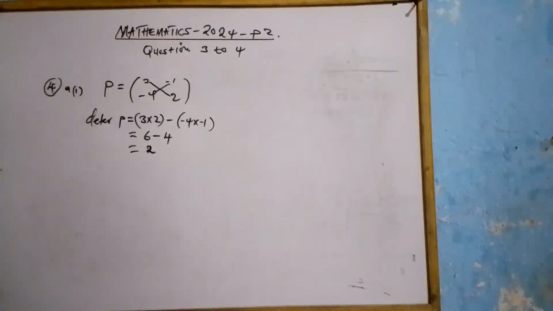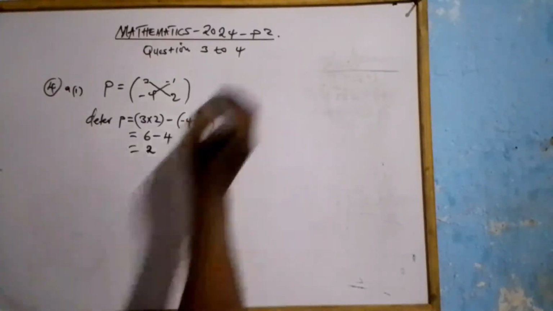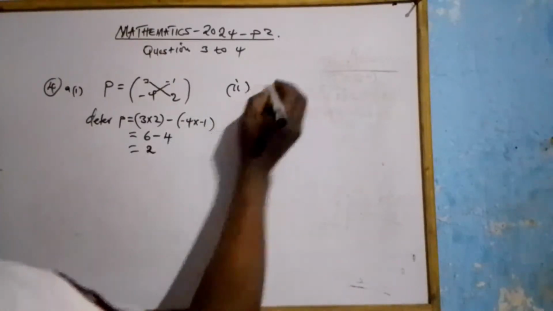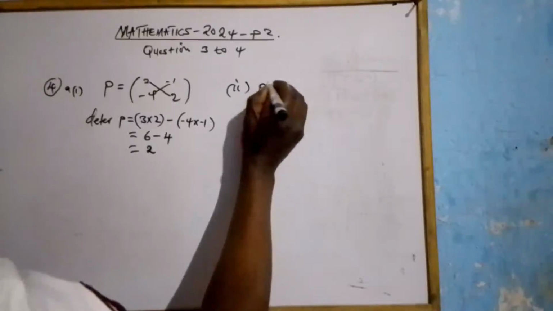So now for Roman numeral 2, we are told to find P inverse.